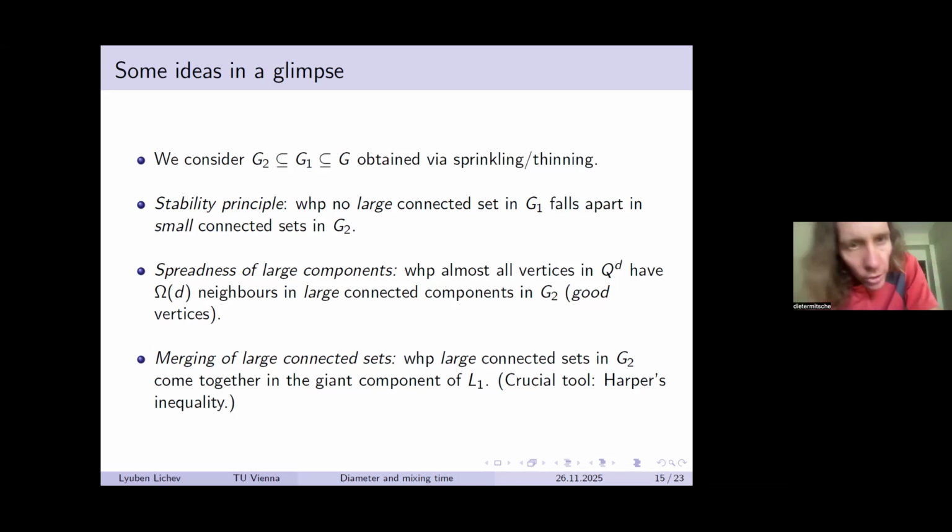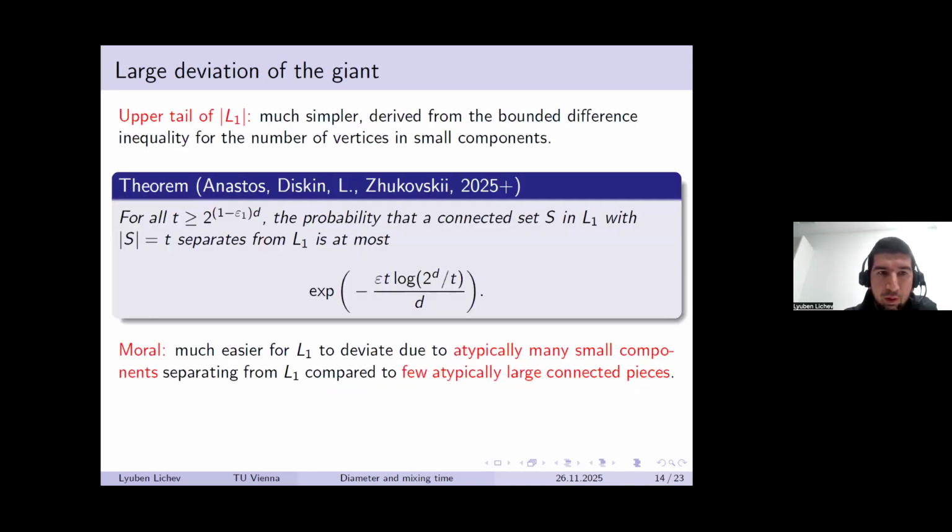Yeah, maybe one question that I can ask, Lyuben, when you say you do it for the upper tail of the size of the largest component, you say you do it as if it was a branching process, but it's not really a branching process. So how do you deal exactly with those dependencies? The upper tail here, you mean?